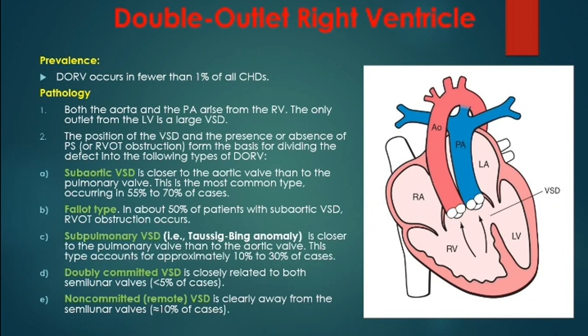Subpulmonic means it's closer to the pulmonary valve rather than the aortic valve. In less than 5% of cases, the VSD is committed to both valves equally. In less than 10% of cases, the VSD is not committed to any of the valves.